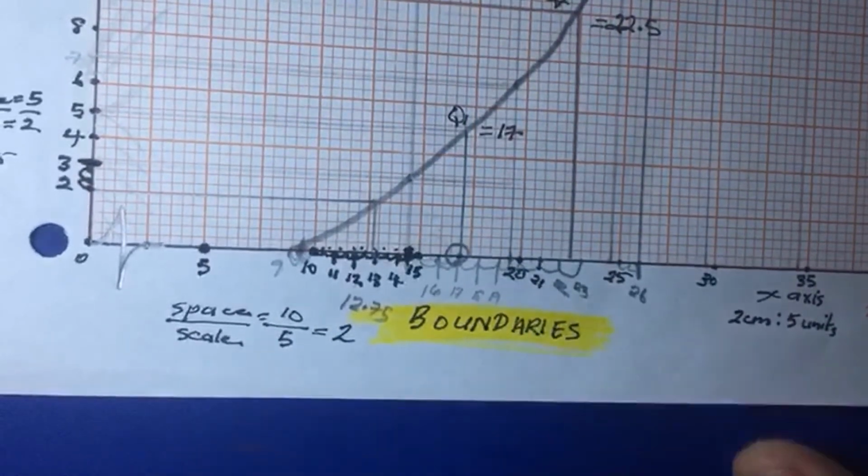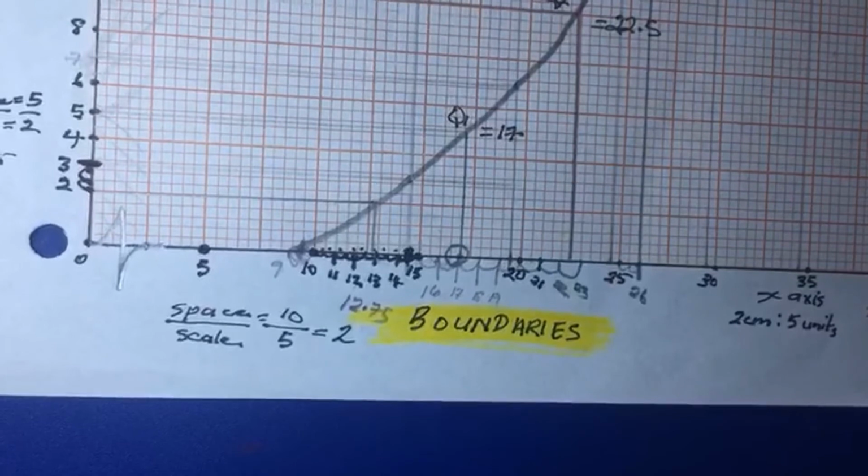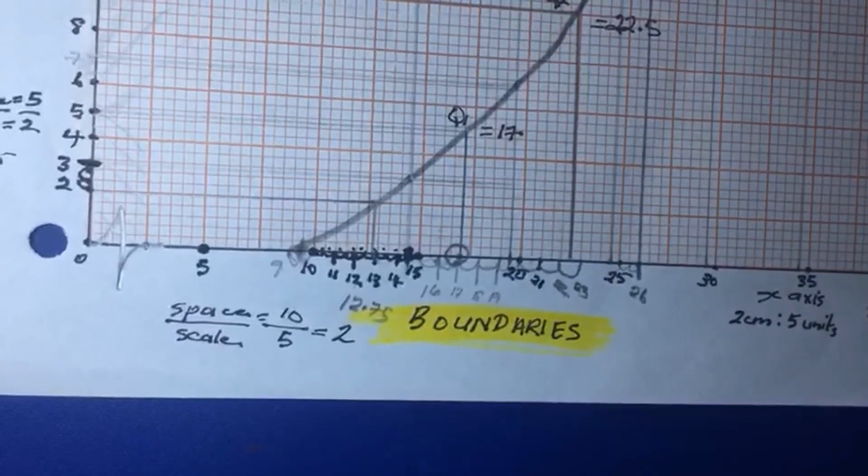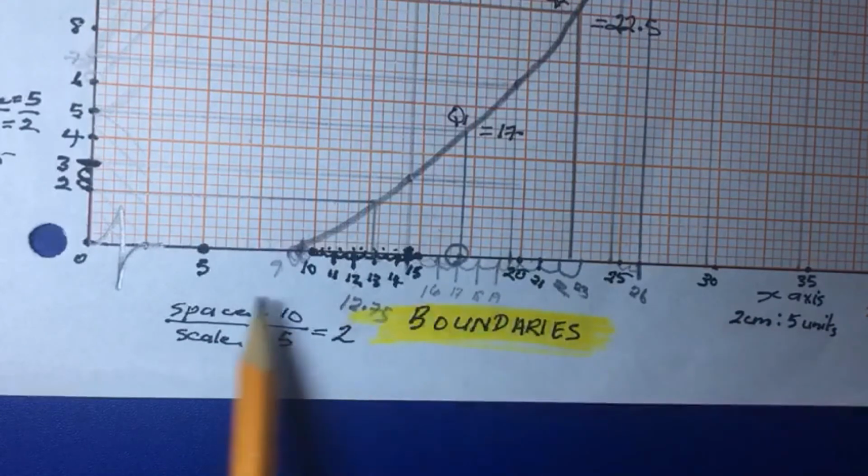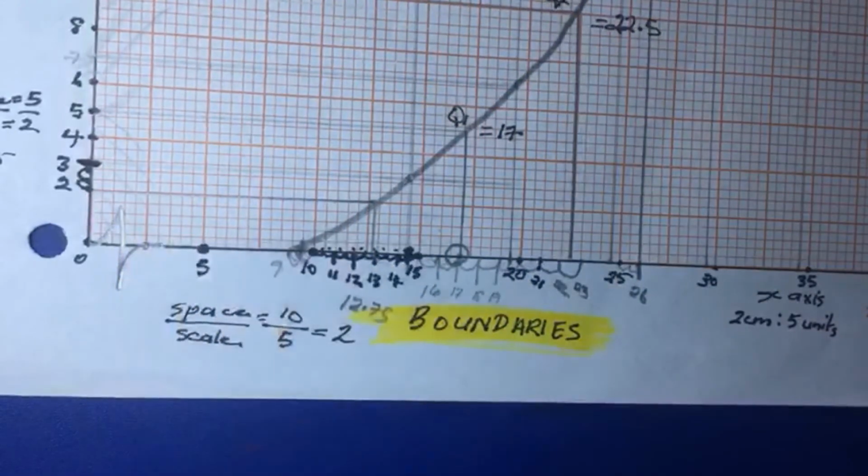So now what I'm going to do is basically the reverse of finding the quartiles and the percentiles. So this time I'm moving from the x-axis to the y. When I was doing the quartiles and the percentiles, I moved from the y-axis to the x. Now to do probability, I have to move from the x to the y.